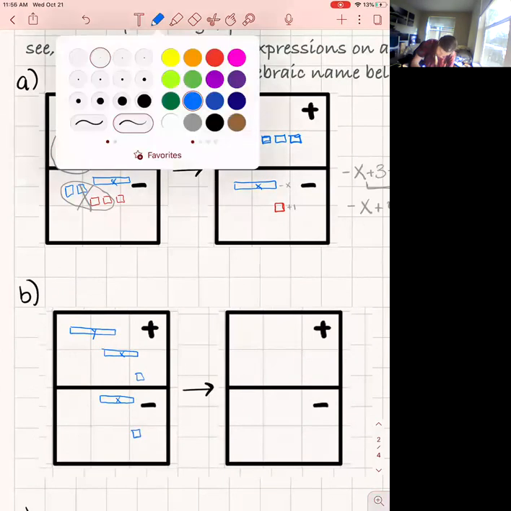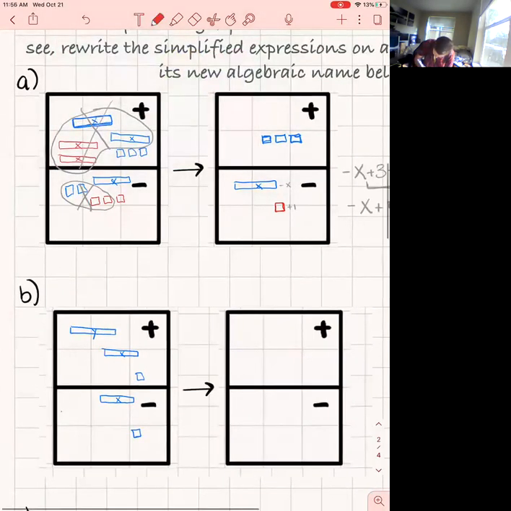And let's get some more red tiles in. All right, that's good. Won't make it too much more difficult. So now you need to pause, and you need to try and find as many 0 pairs as you can and redraw this without those, and then try to name it. So pause this and try it yourself.